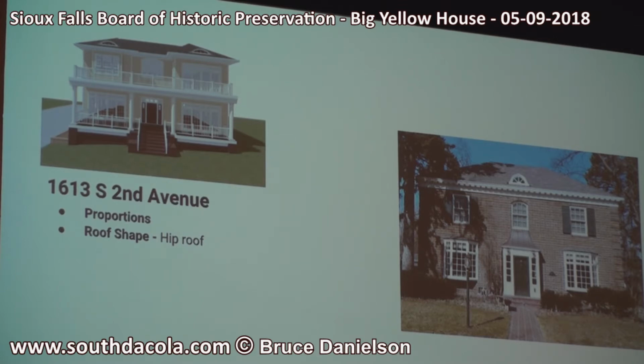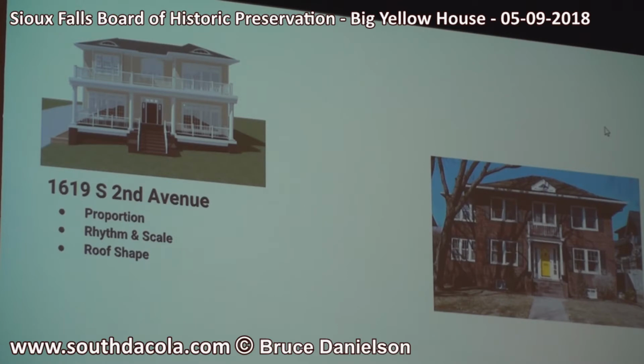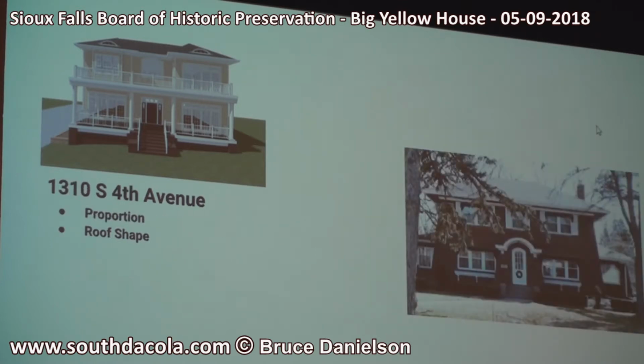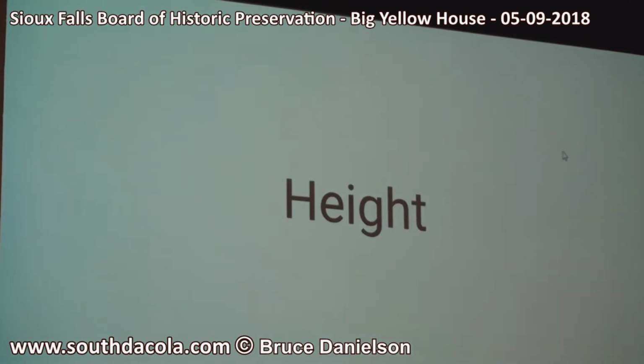This is a brick exterior with the eyebrow dormer, similar detailing to what we have here. 1619 South 2nd, again, proportion, rhythm and scale, and roof shape, all similar. The neighboring house, 1325, similar roof shape, similar eyebrow dormer to the two new ones that we're proposing. And 1310 South 4th Avenue, in proportion and roof shape.